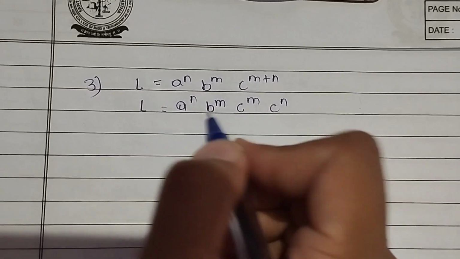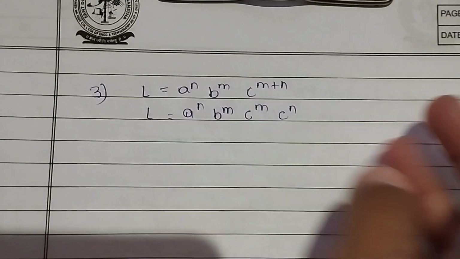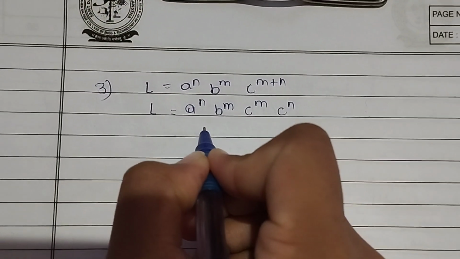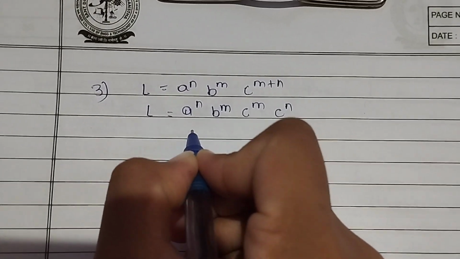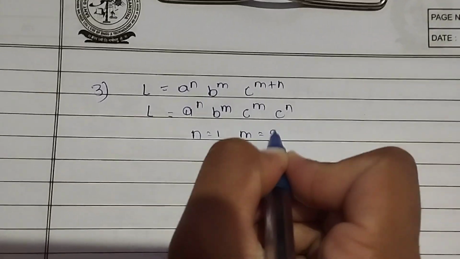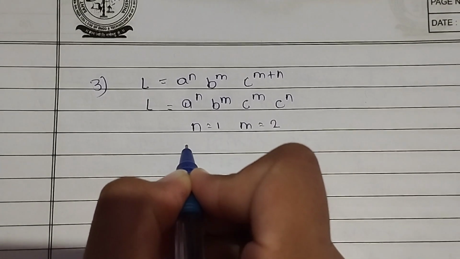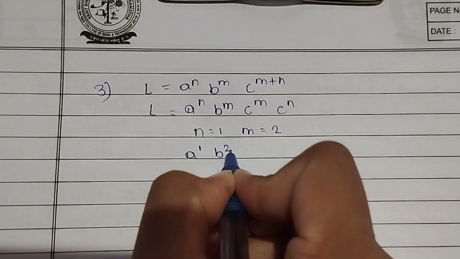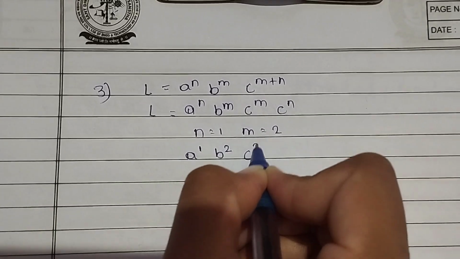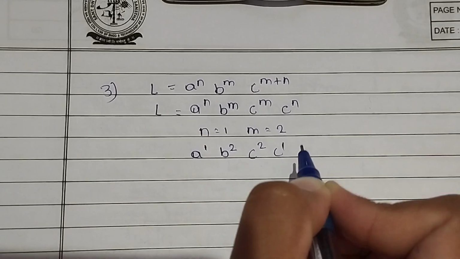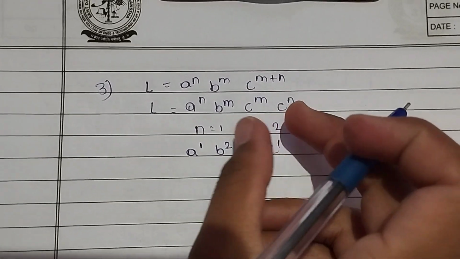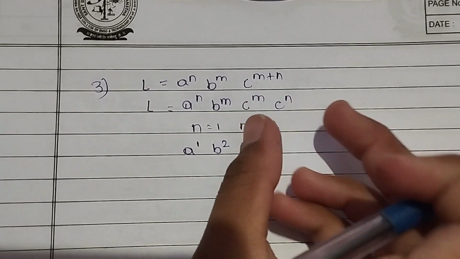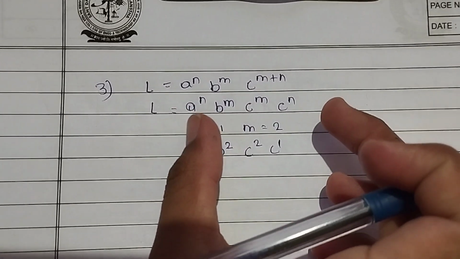Now again consider n is equal to 1 and m is equal to 2, or any value you like. Then how the string is written: a raised to 1, b raised to 2, c raised to 2 and c raised to 1. No need to swap here again. Here c raised to m and c raised to n, because think about it practically.